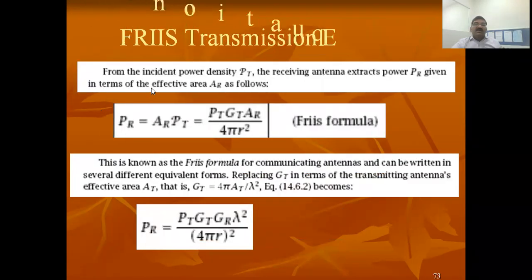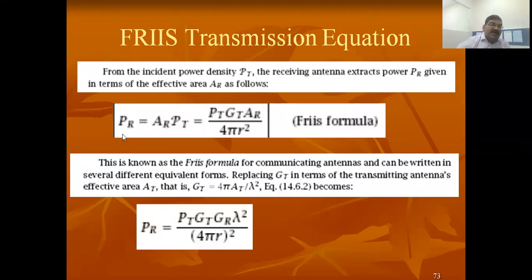Then from the incident power density, the receiving antenna captures power, and the received power PR is given in terms of the effective area as follows. The power PR received by the receiving antenna is AR times the power density, where AR is the effective area of the receiving antenna.